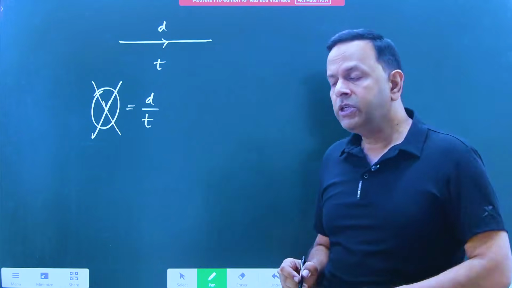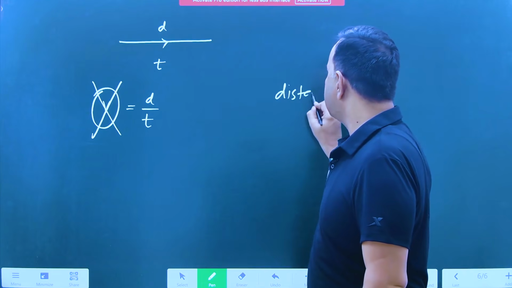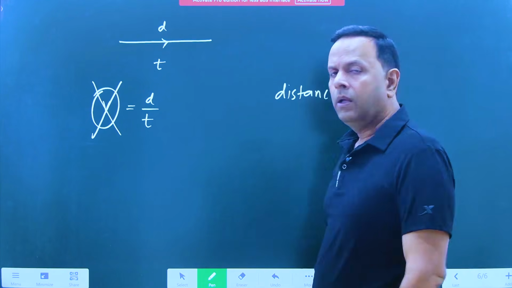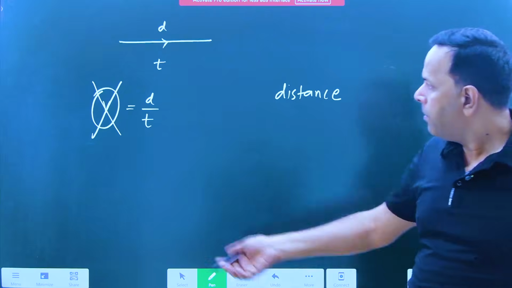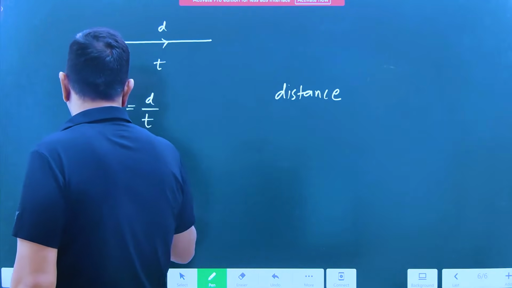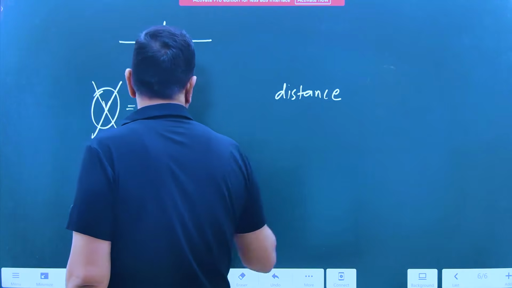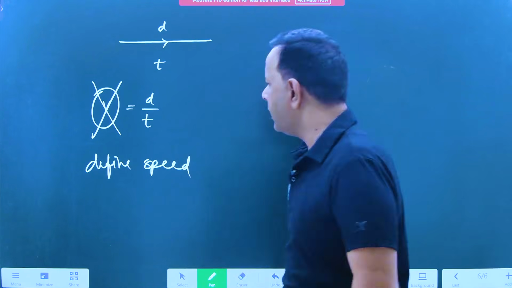But now, if I change my question, I ask you, what is distance? Or I simply say you define distance. My first question was define speed, and now my second question is define distance.